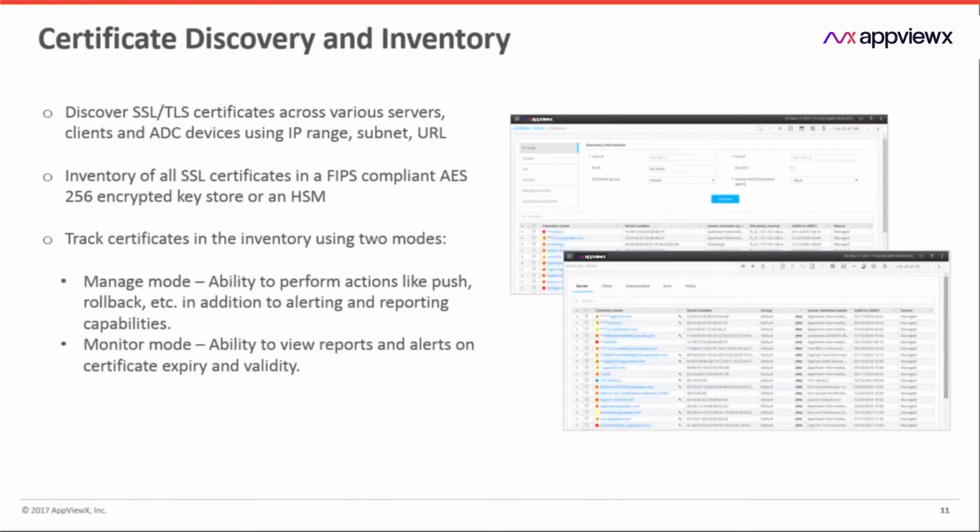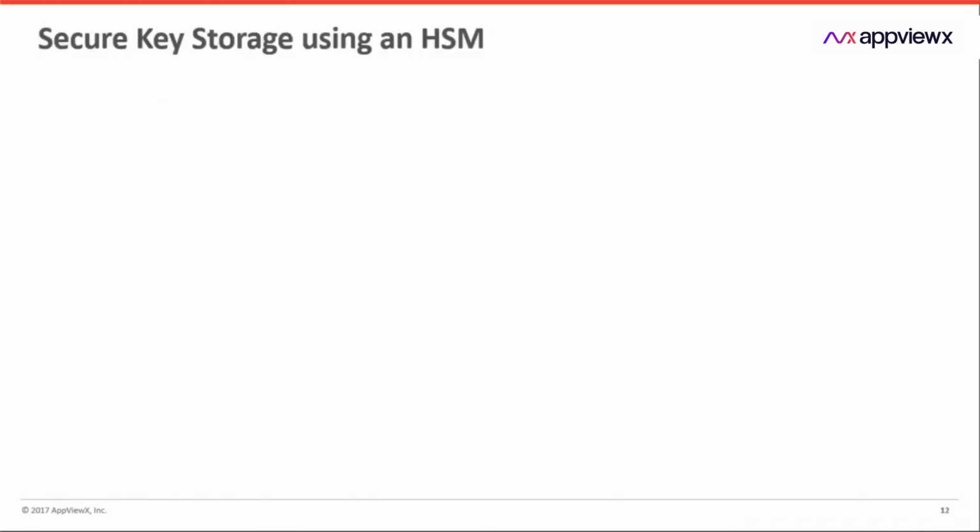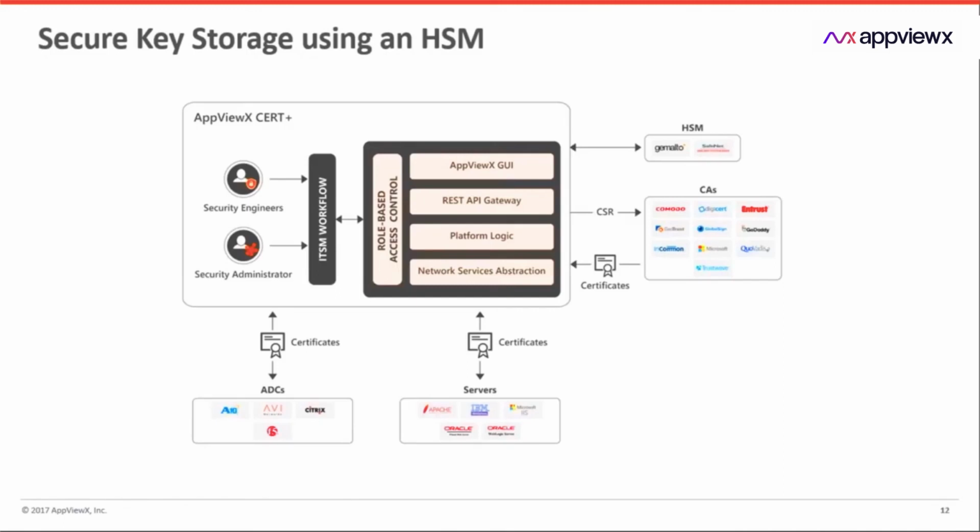Let's talk more about how we protect private keys in your infrastructure. This is a sample diagram that depicts our integration with various devices. Using REST API gateways, we can easily integrate with external vendors. Once the SSM device details are configured on the platform, you can choose between storing the private keys inside a 256-bit AES encrypted AppViewX database or inside a network SSM.